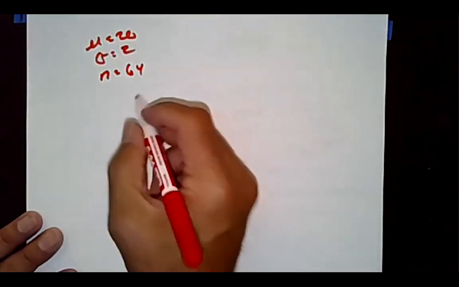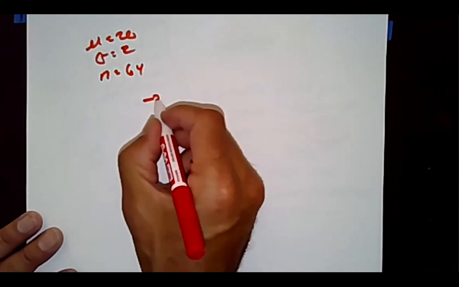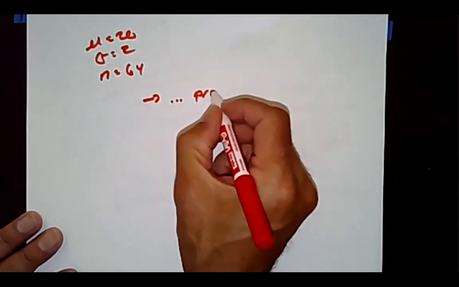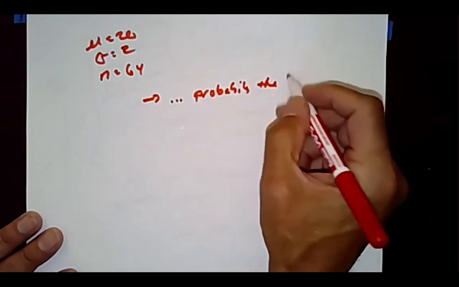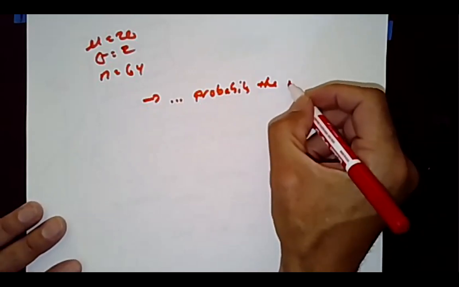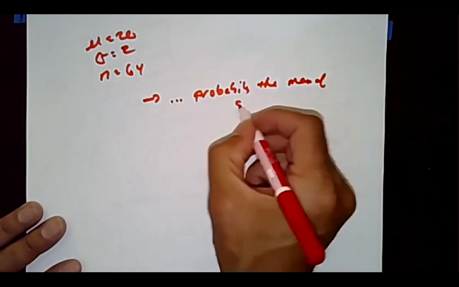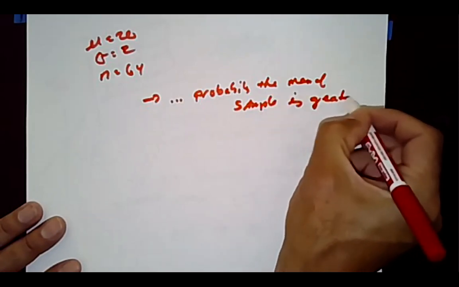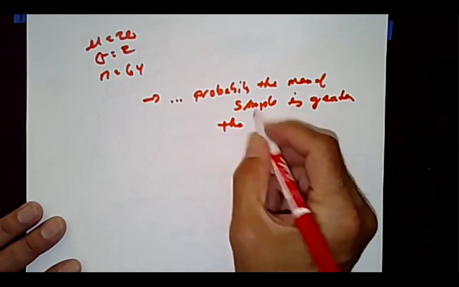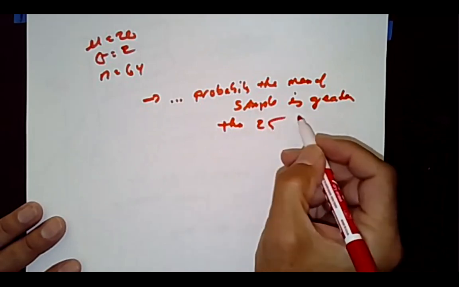Example. Sigma is 2, mean of 20, n of 64, right? Okay. So the question says, blah, blah, blah, blah, probability that the mean of the sample is greater than 25, right?